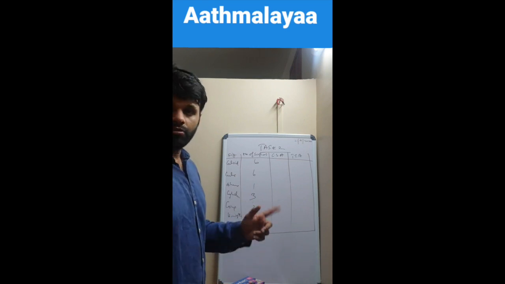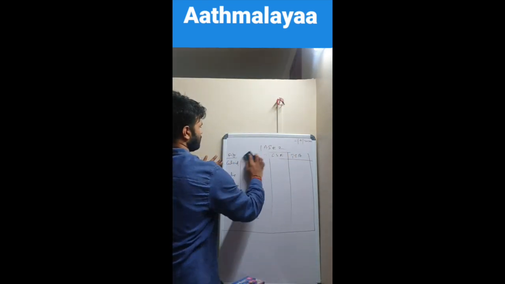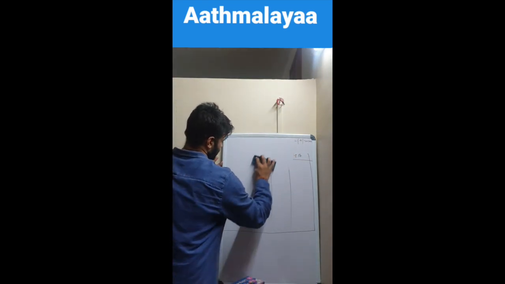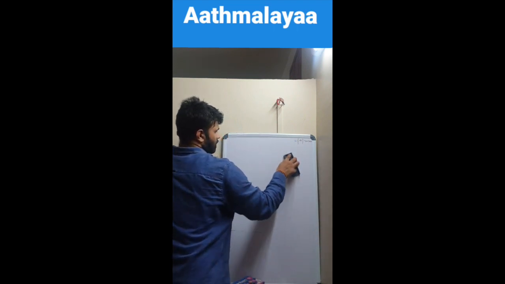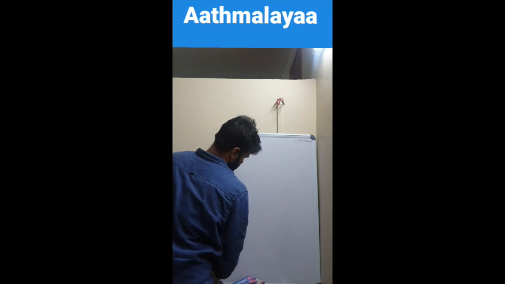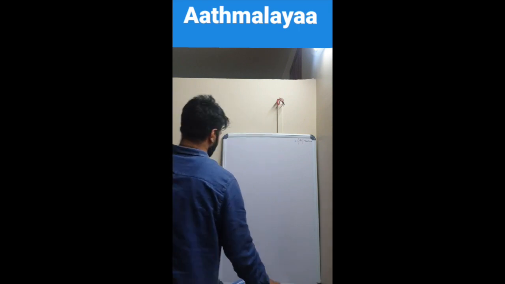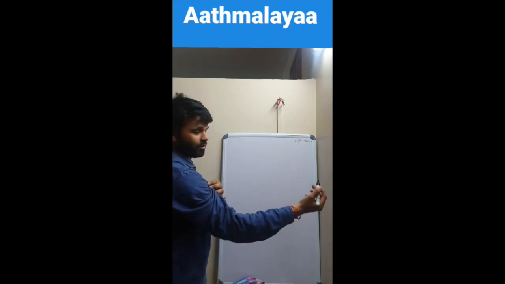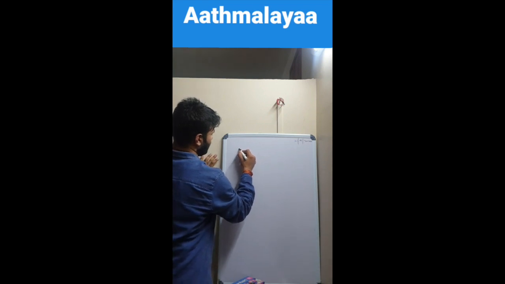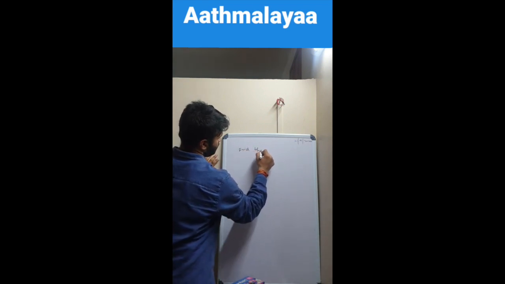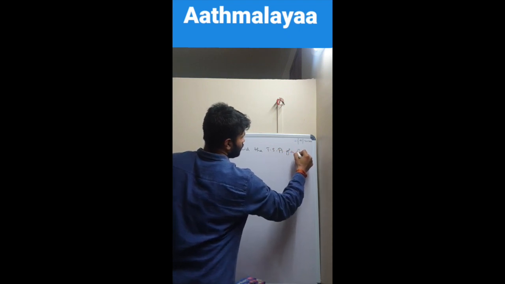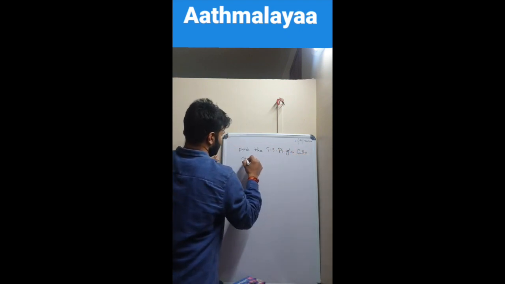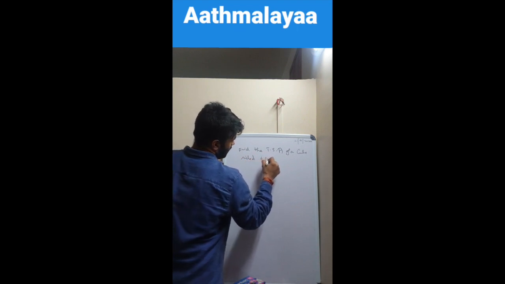Clear? So problem solve பண்ணும்போது one thing I want to share is, when you're solving a problem, say for example a question is given, find the TSA of a cube sided 4 centimeter.